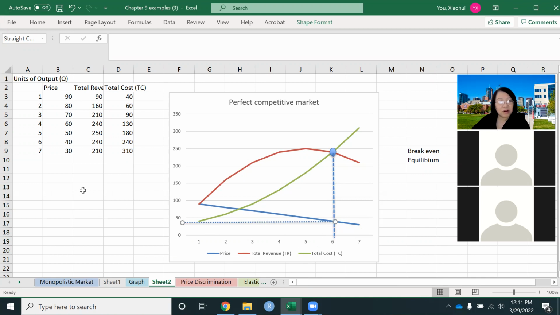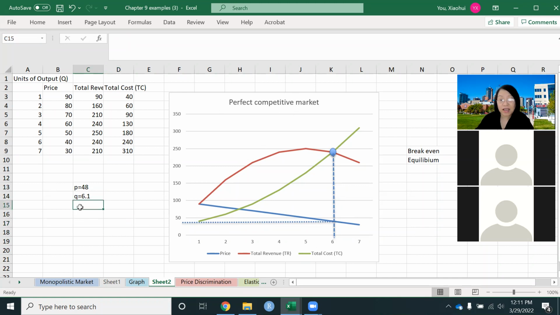So this will be the price and quantity. For the perfect competitive market, price is about, as already said, maybe 49 or 48. And then for quantity, it's about 6.1, right? Or 6. This is the profit maximizing point for a perfect competitive market.